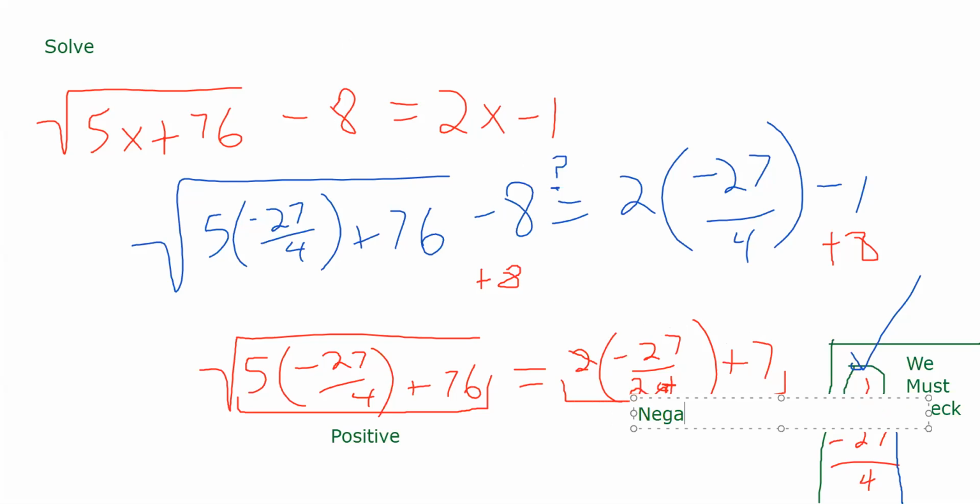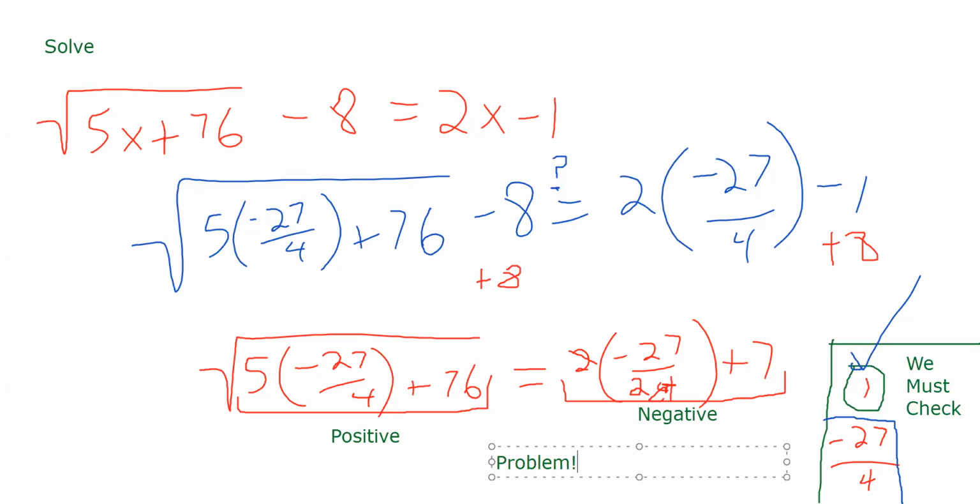So we're trying to say the square root of something positive is equal to a negative number. That's not going to happen. Our square roots only spit out the positive form. That's a problem. What that means for us is that it's not a solution. So only an x value of 1 is a solution.